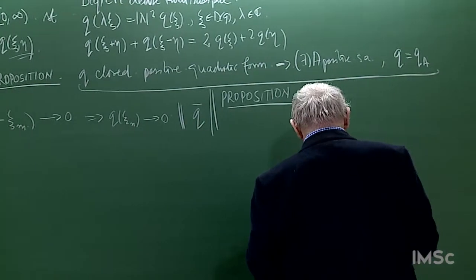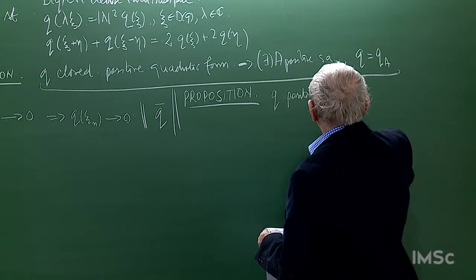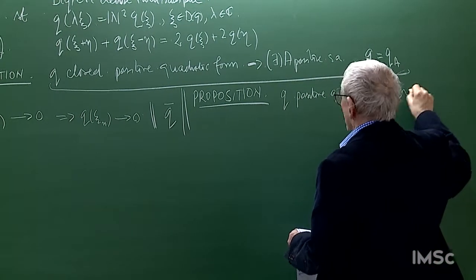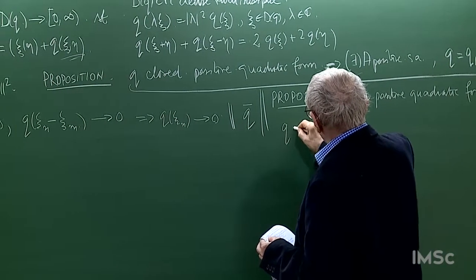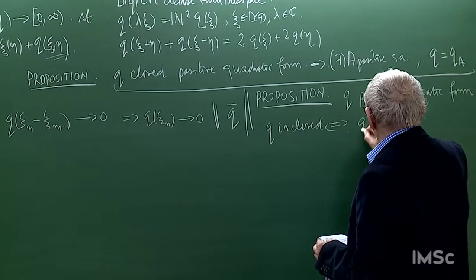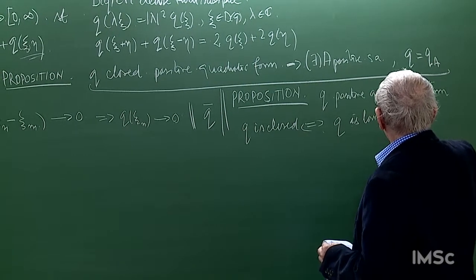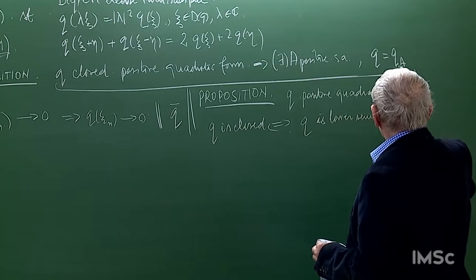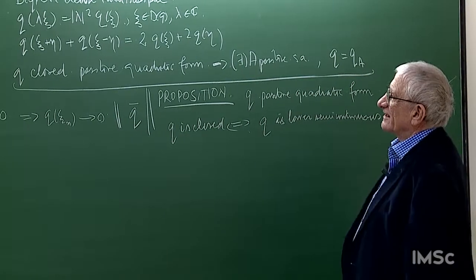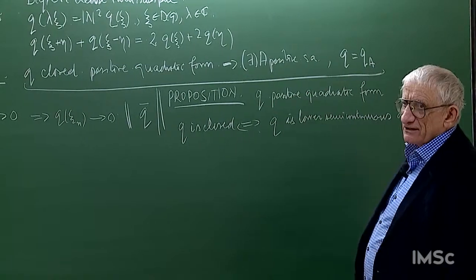If you have Q a positive quadratic form, then Q is closed if and only if Q is lower semi-continuous on H. Well, the quadratic form is not defined on the whole H, but on its domain.